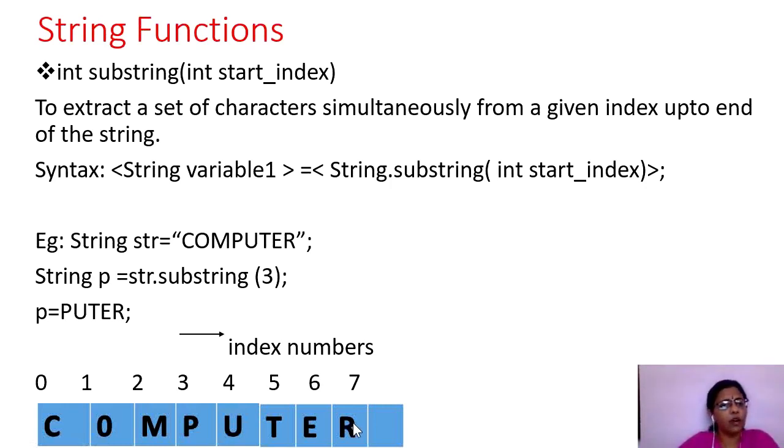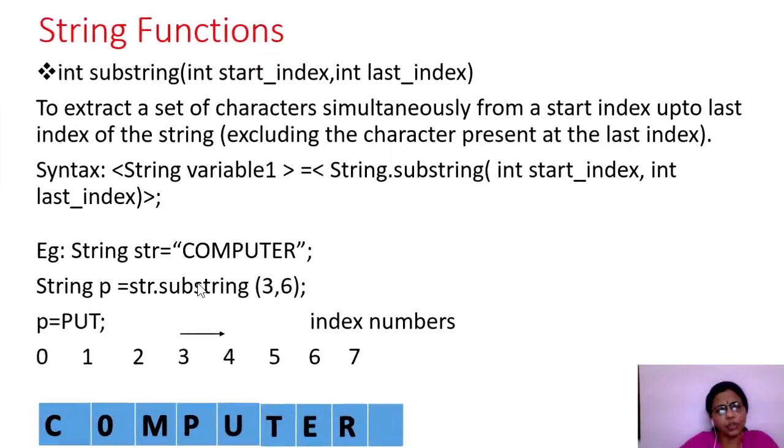Since it forms another string, what should be your return type? Your return type is string. So String p is equivalent to str.substring(3). Starting from 3, whatever is extracted will be stored in another string called p. So this is your substring.